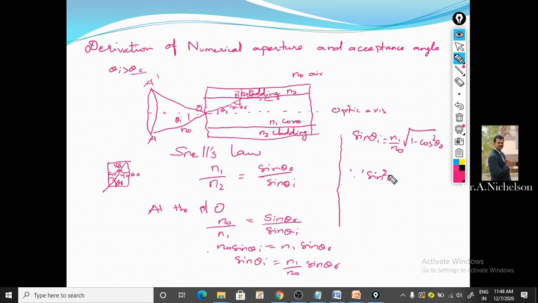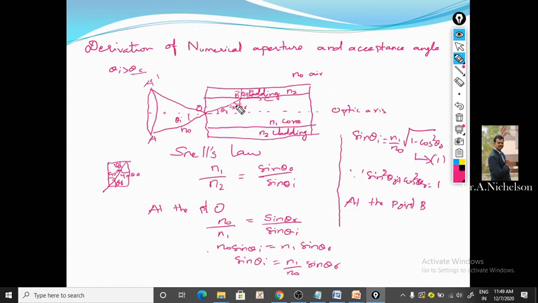Now at the point B, at point B also Snell's law is applied. Here n1 is the denser medium, and the cladding n2 is a rarer medium.